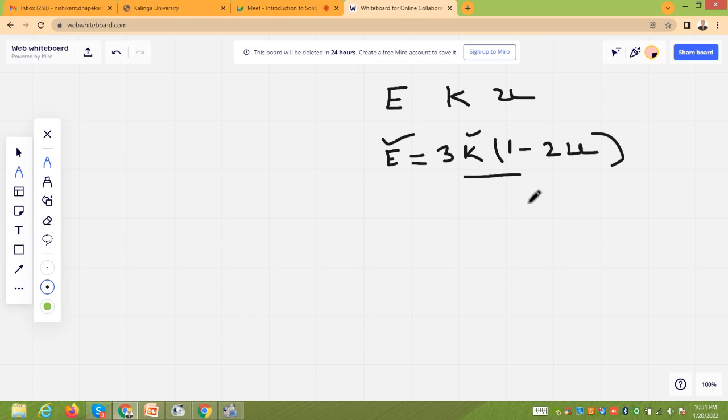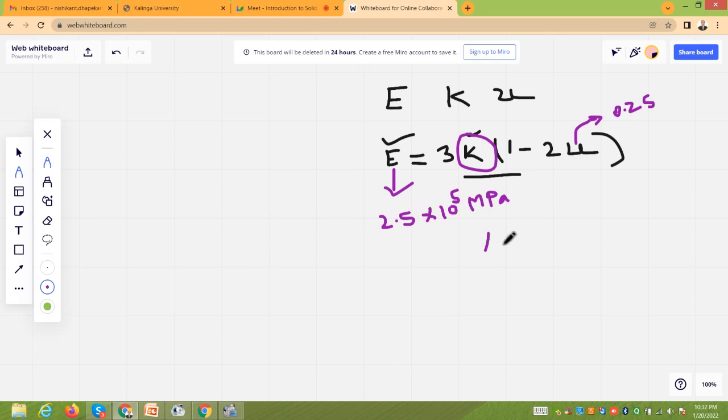If a rod is subjected to an axial pull and modulus of elasticity is, suppose, 2.5 into 10 to the power 5 megapascal, and Poisson's ratio, suppose 0.25, I am assuming the values, it's very easy for you to calculate the bulk modulus of elasticity.